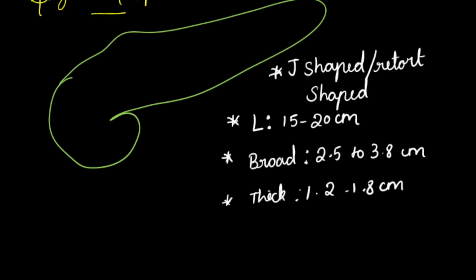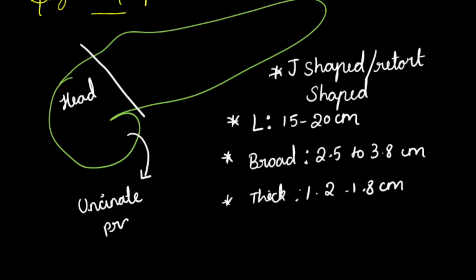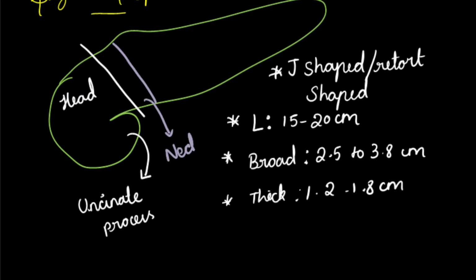So now regarding the different parts of the pancreas. First comes the head of the pancreas here. In the head of the pancreas we have one process in the inferior aspect of the head, that is the uncinate process. Then comes the most constricted part of the pancreas, that is none other than the neck of the pancreas.